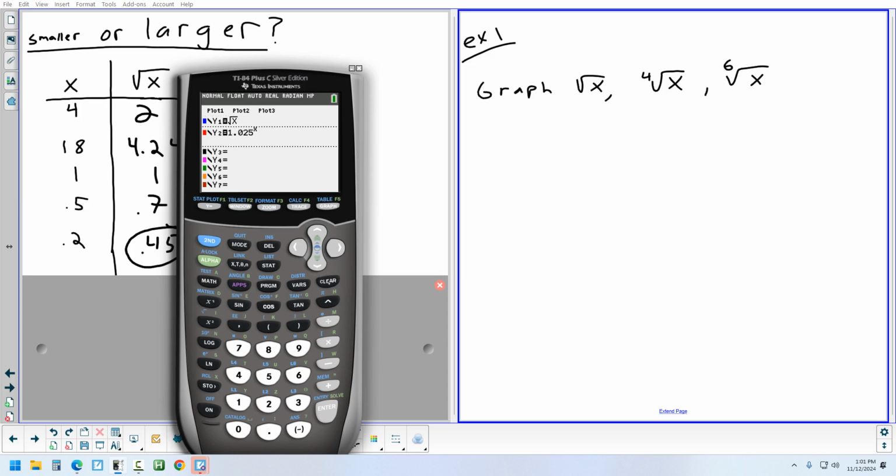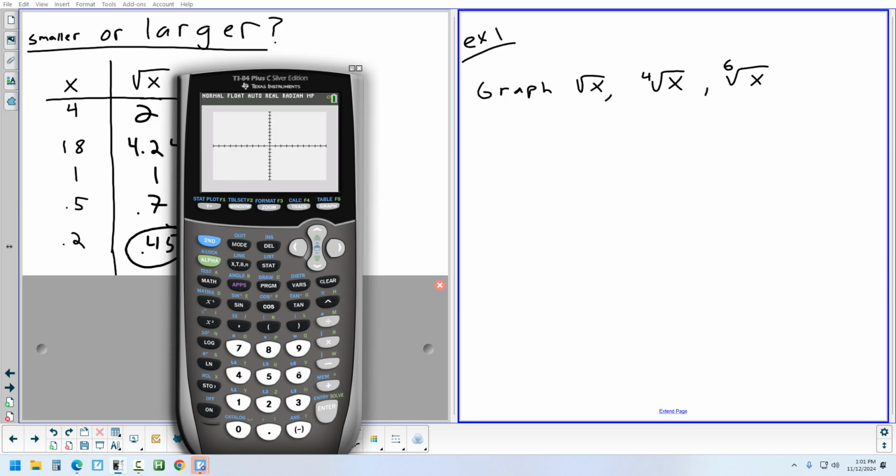To type in the fourth root, go to Math, then option 5. There's my fourth root, and I'll do the sixth root there. I just want to graph all three of them and see if we notice anything they have in common, anything that looks different.